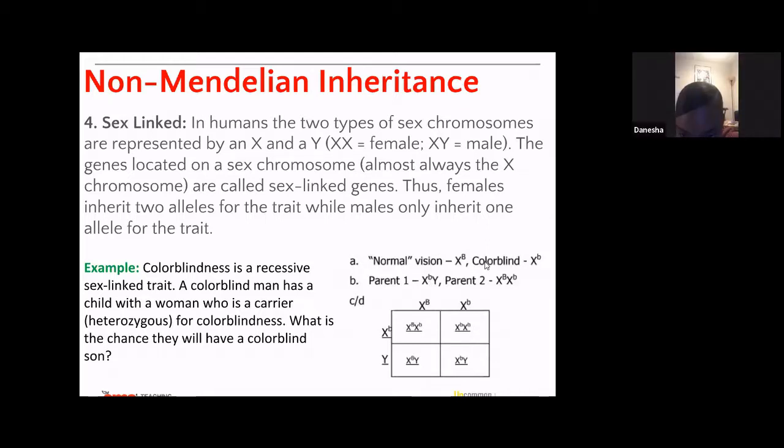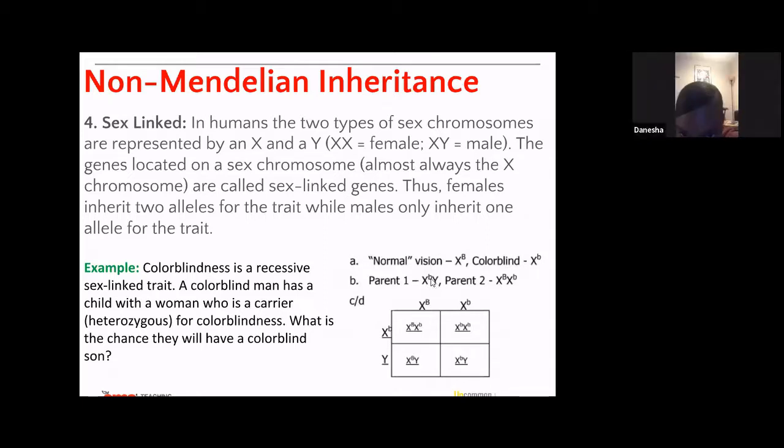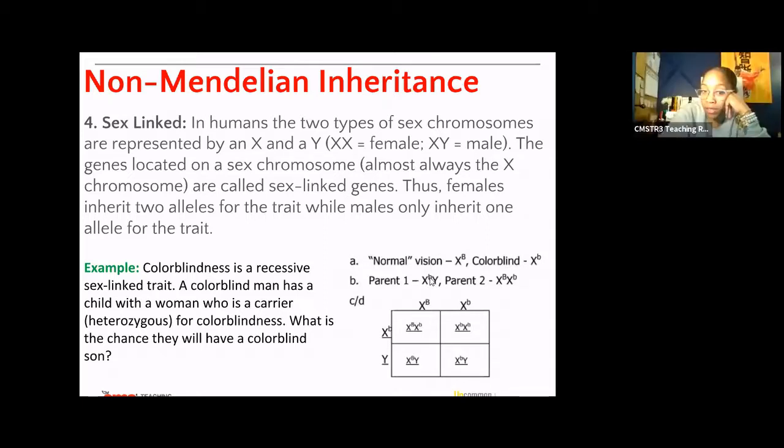Remember, sex-linked traits are attached to an X chromosome only. So that means the dad's genotype is X little b Y, showing that he is colorblind recessive. It says the mom is heterozygous, which means one of her X's has the dominant and one has the recessive. And when we do their cross, do they have a chance of having a colorblind son?